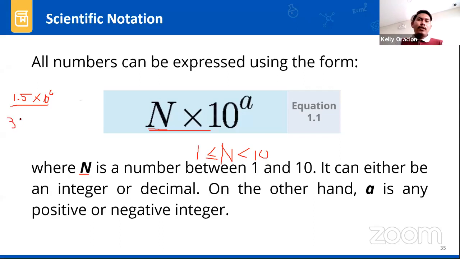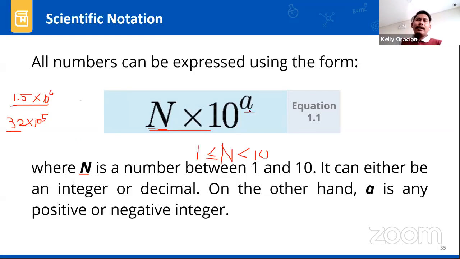However, 32 times 10 raised to 5 is not accepted in standard scientific notation because 32 as your n is not allowed. It's greater than 10. Again, the condition is that n should be between 1 and 10, and 1 is still accepted, 10 is not.